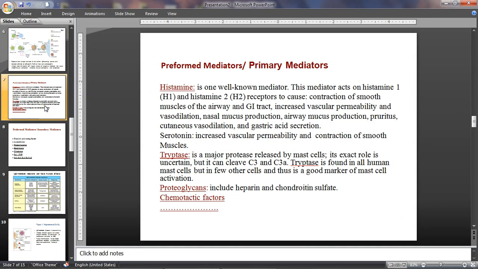Let us review the preformed mediators. As I told you, histamine is one well-known mediator, and this mediator acts on histamine 1 and histamine 2 receptors.